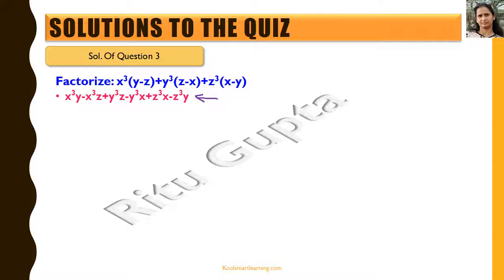By cyclic expression, we said that these are expressions where we can obtain the second term, the third term and the other terms by replacing the variables in the first term cyclically.